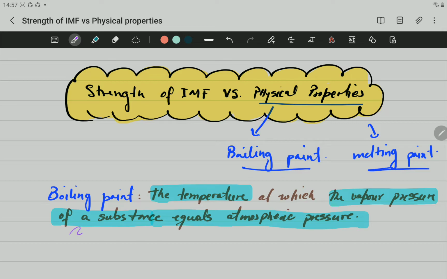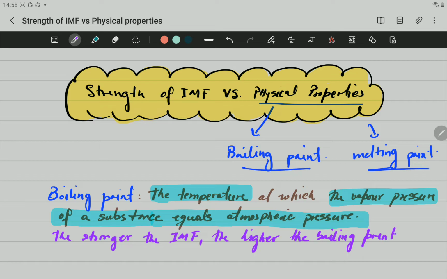Now, very important to know: the stronger the intermolecular force, the higher the boiling point.